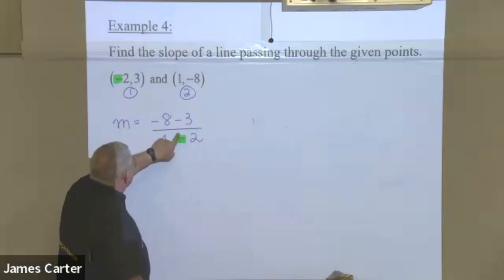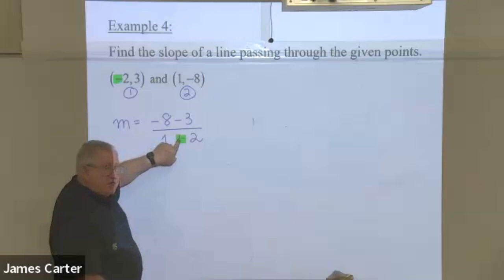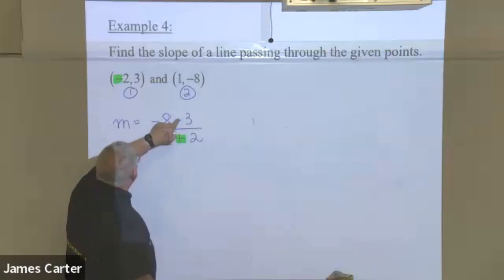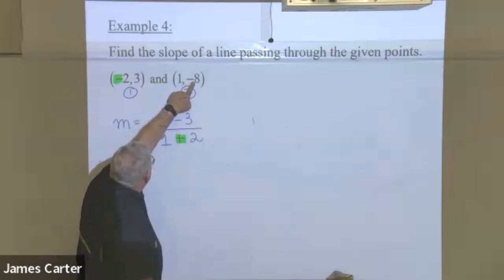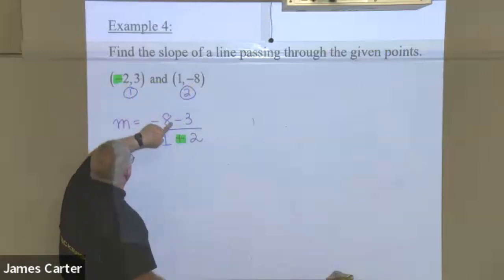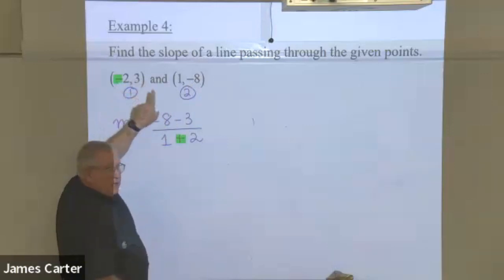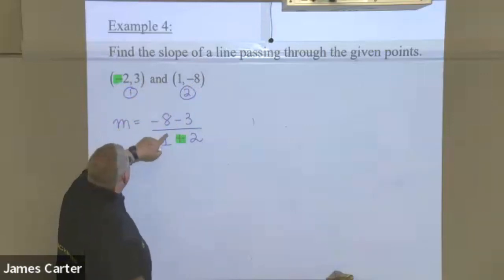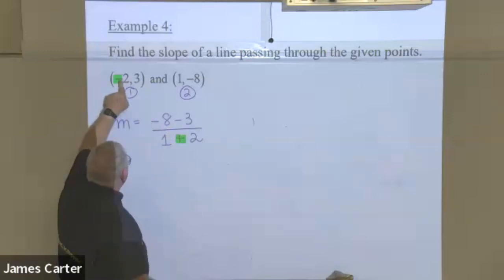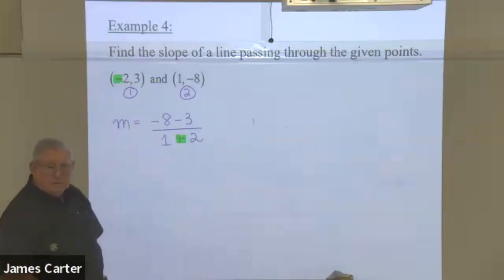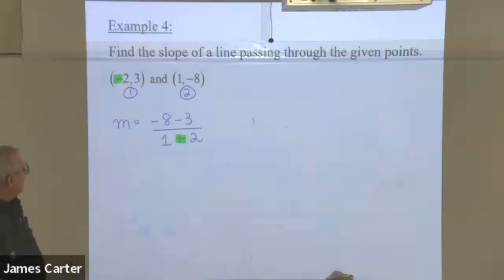That's why we got this plus here, because we had minus a negative. So what they do here, we take the y values, -8 minus +3. Down here, +1 minus -2. Which simplifies to -11/3.